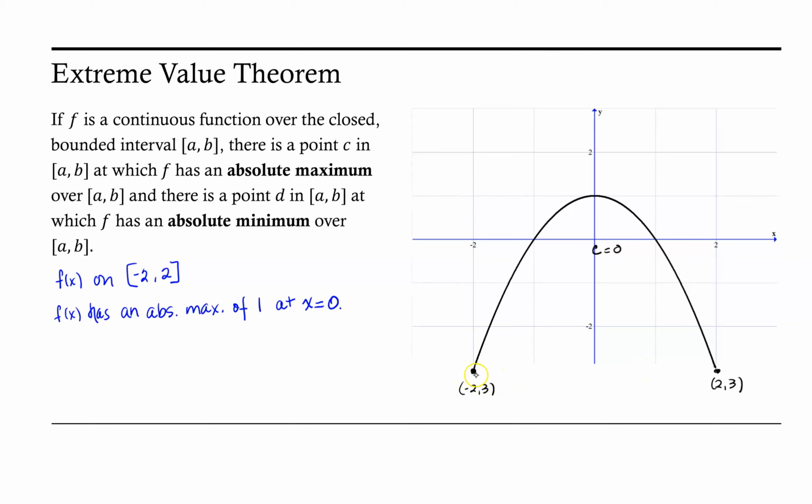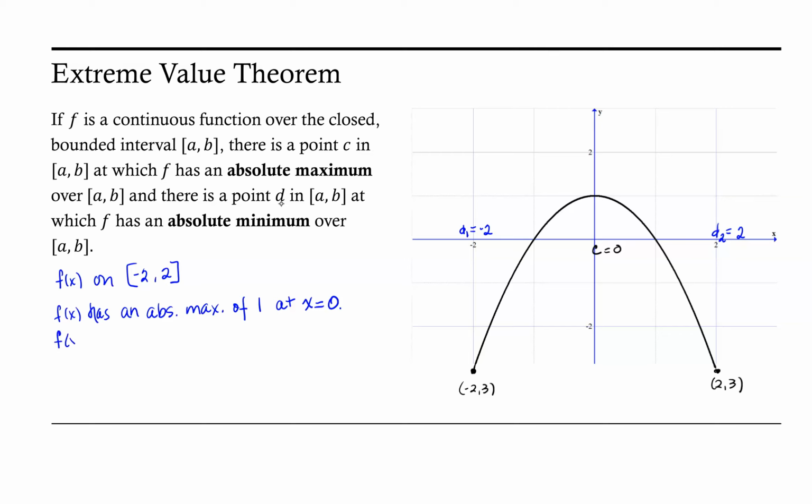It happens at (-2, -3) and at (2, -3). So while the theorem guarantees there is one point, there can be multiple points, as we see in this case. One of those values we'll call d1, that occurs at -2, and that other value, we'll call d2, occurs at 2.